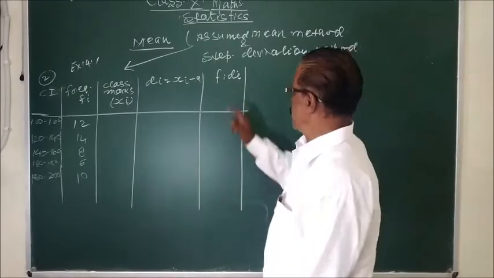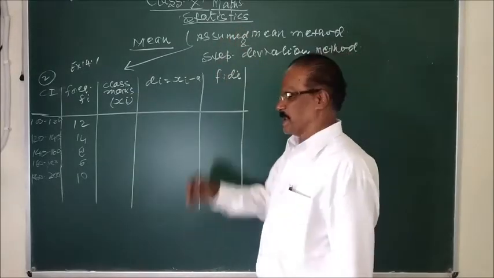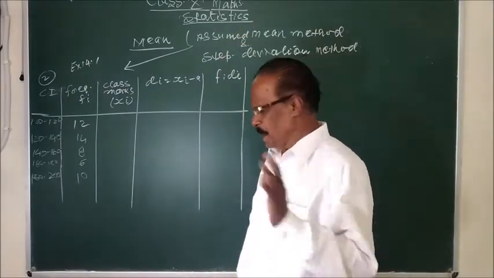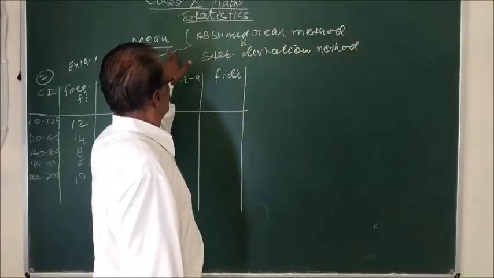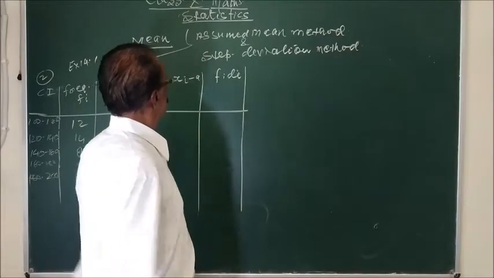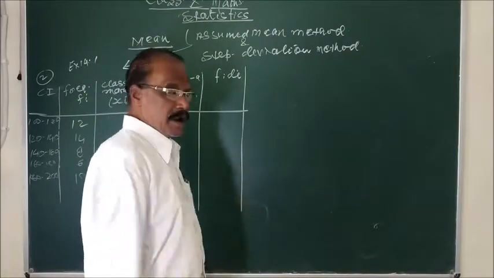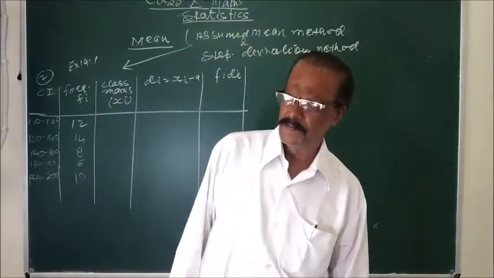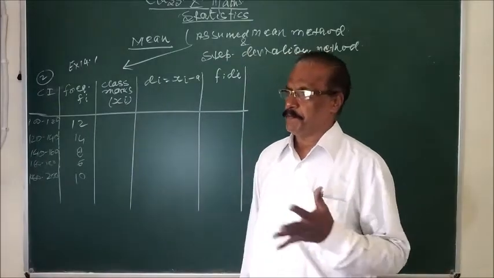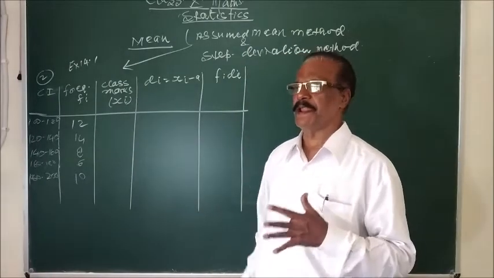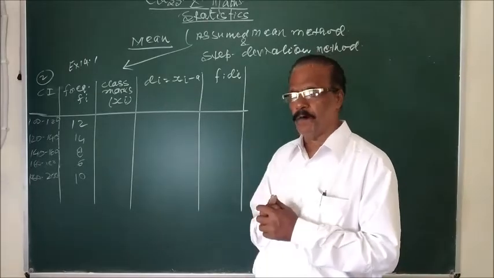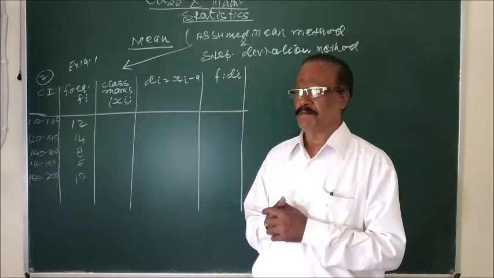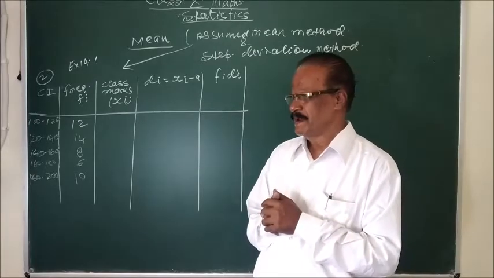Here is the chapter on statistics. I have already started this chapter in previous days. Measure of central tendency. There are 3 points: mean, median and mode. That day I explained how you find the mean by the direct method.